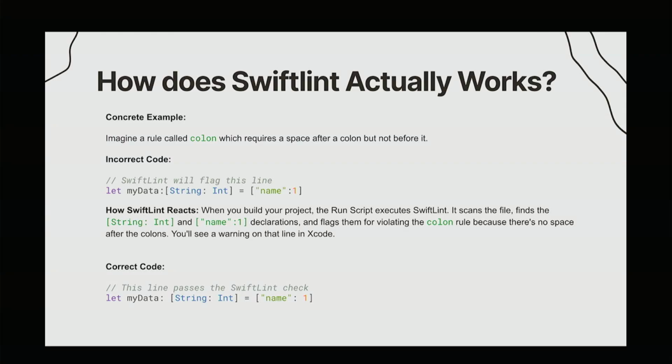So you define the rule like that. When you build the project with SwiftLint, it will find that there are problems with your spacing, and it will tell you there's a warning or error, defined by how severe your problem is.